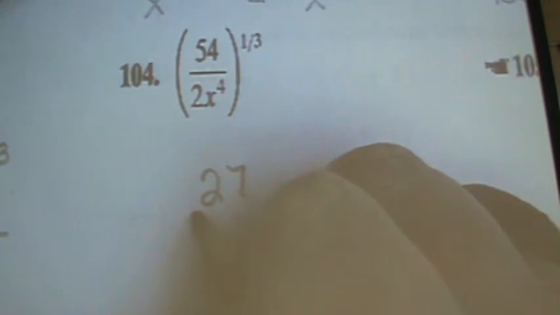This one, 2 goes into 54 27 times. And then they want the cube root of that. Well, the cube root of 27 is 3.